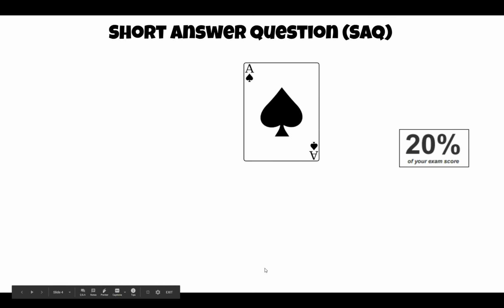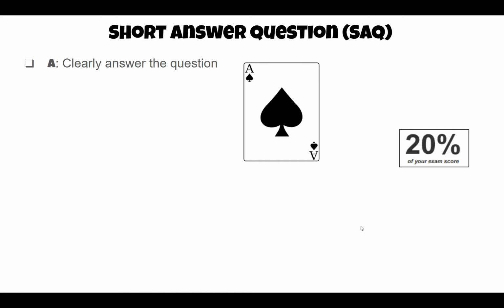All right, so short answer question and the use of ACE. What does the ACE stand for? The A stands for clearly answering the question. I'll repeat that again: directly answer the question that it's asking.